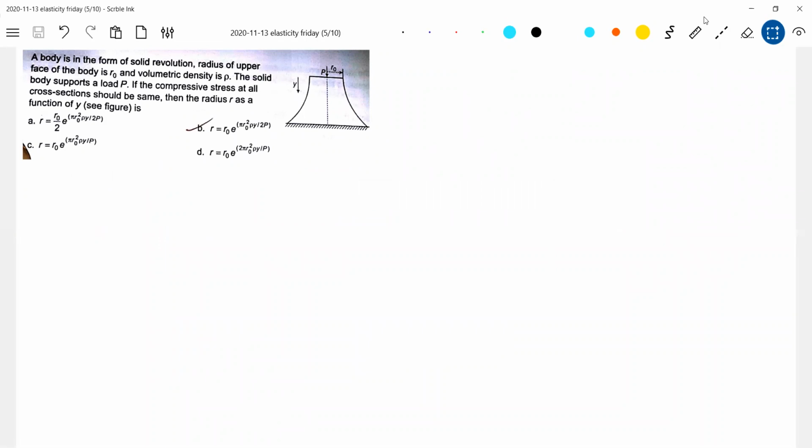This is a solid body, not a lamina, a solid 3D object, where the question is asking for an expression for the radius as a function of y.